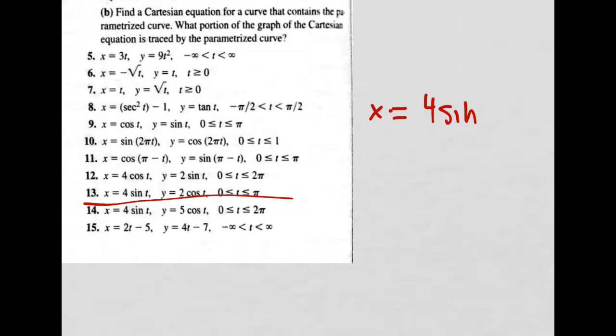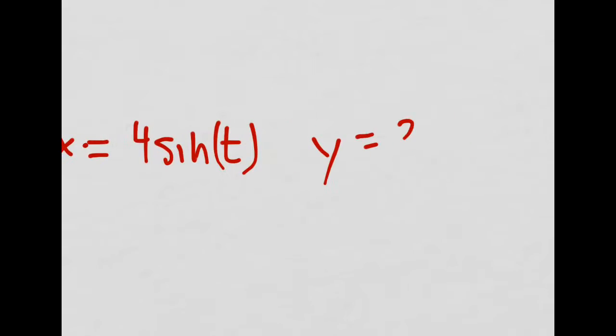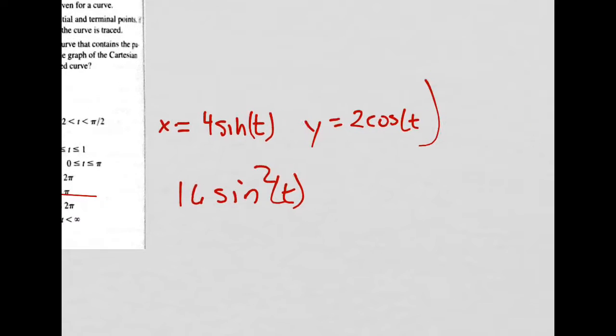x equals 4 sine t, y equals 2 cosine t. And then I'll just take this and this, I'll square it so that I get 16 sine squared t plus 4 cosine squared t.